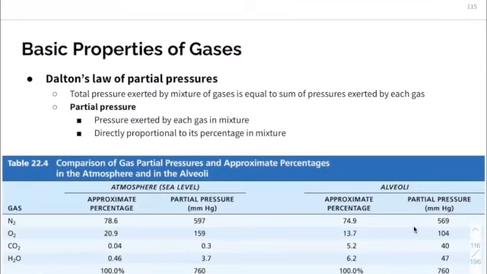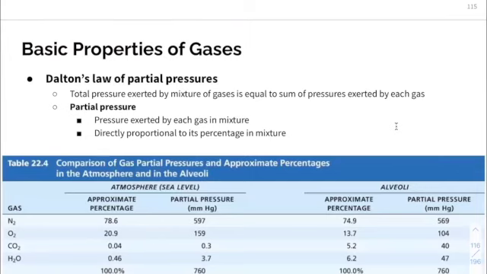So let's start with Dalton's law. According to this law, each gas in a mixture of gases exerts its own pressure as if no other gases were present. So oxygen has its own pressure. Another gas found in the air we breathe would be nitrogen.